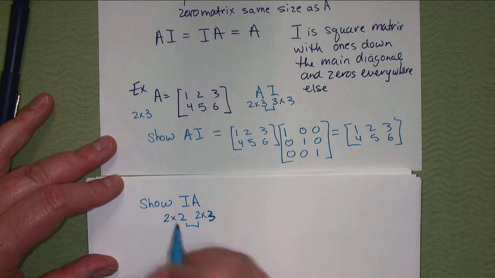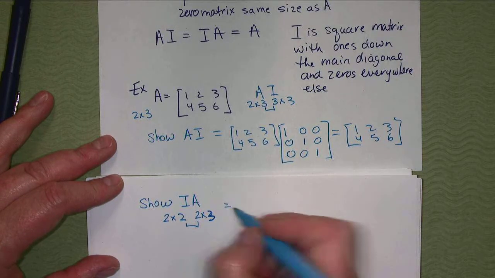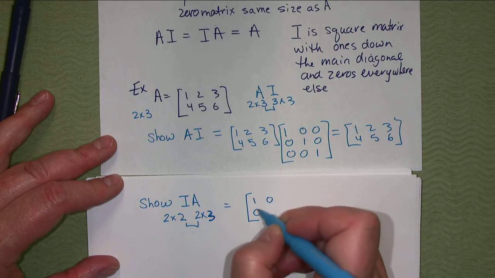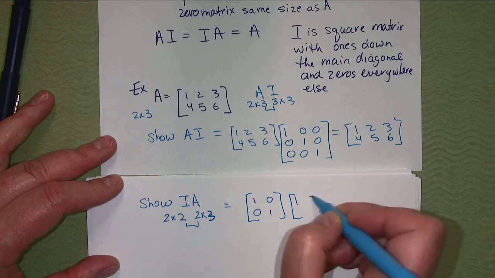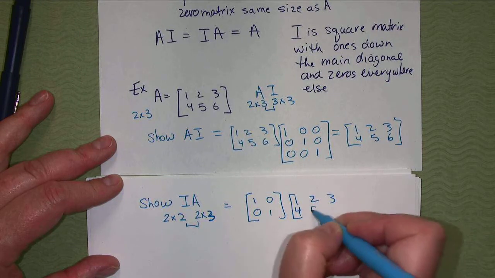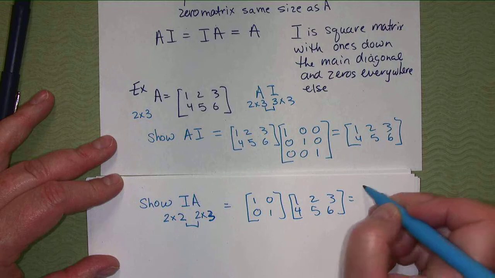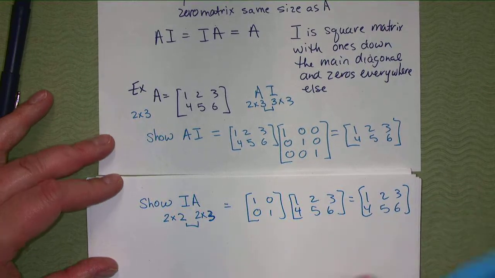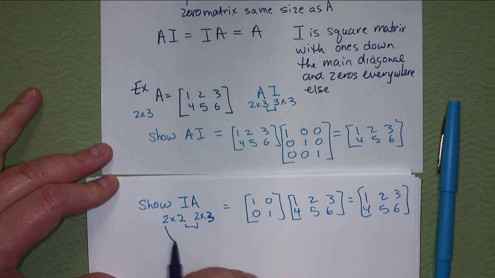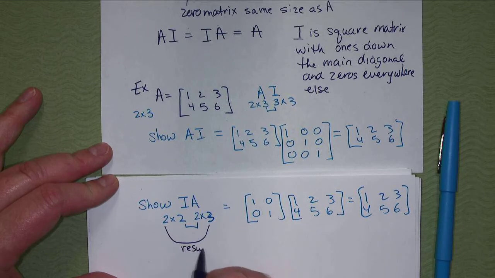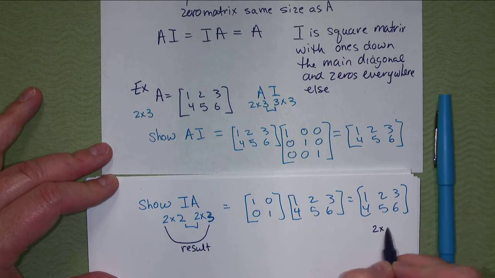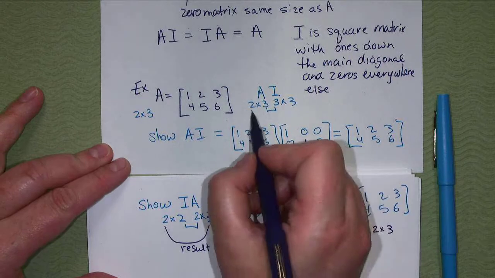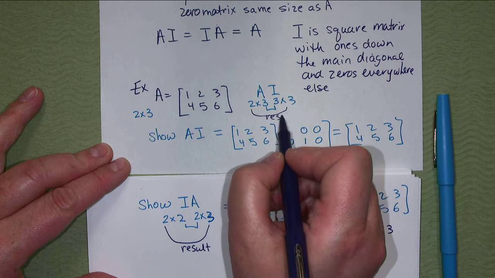So this multiplication would look like this, and when you multiply, you would get 1, 2, 3, 4, 5, 6. Remember, the result is this size, 2 by 3.